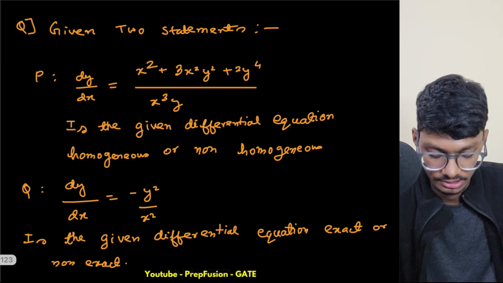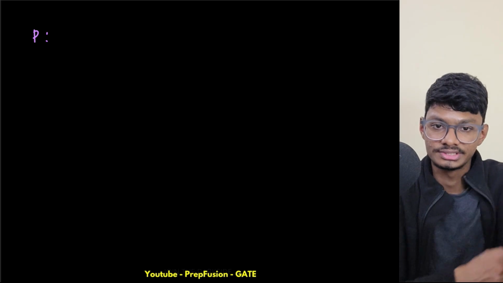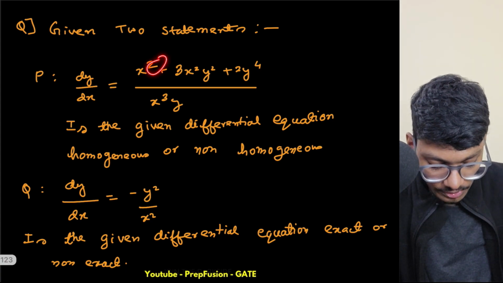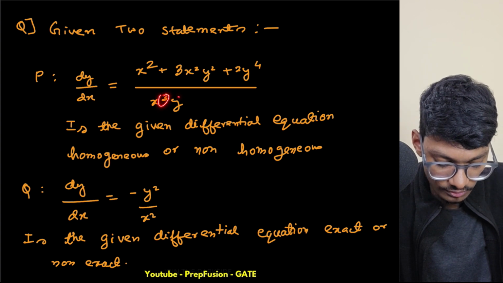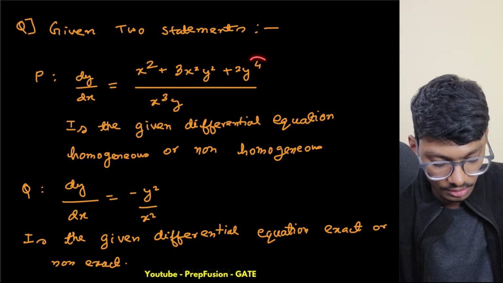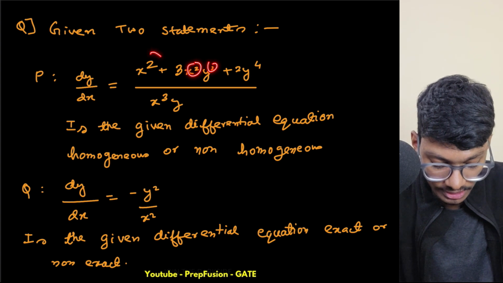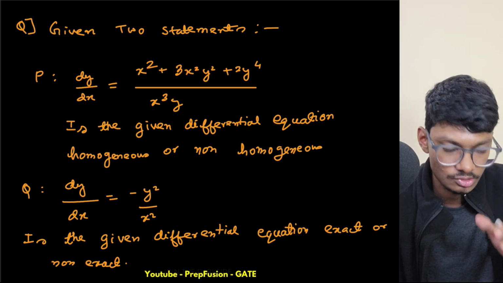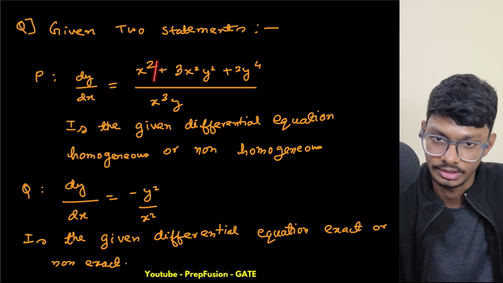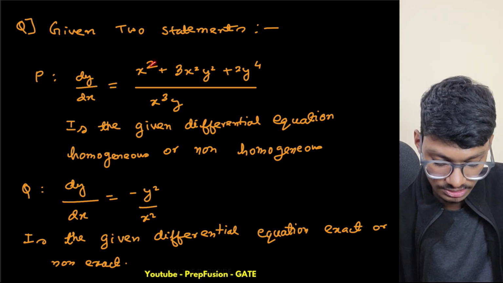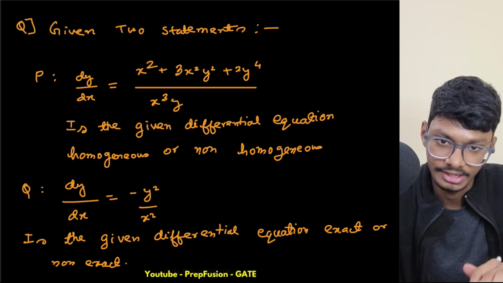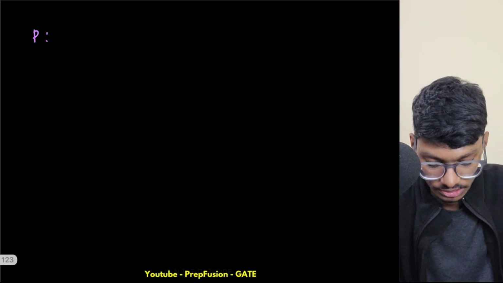Let's first analyze the P statement. For homogeneous, the powers should be same. Here the total power is 3 plus 1, which is 4, here we have 2 plus 2 is 4, but here we have 2. Few students are telling that this was also 4 here. If this was also 4, then it would become homogeneous. But in my case this is not 4, so this is not homogeneous.